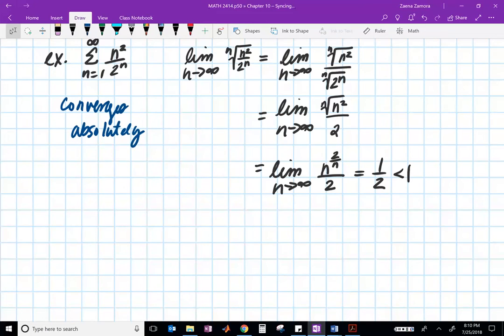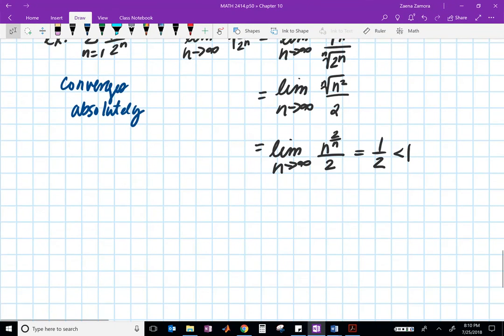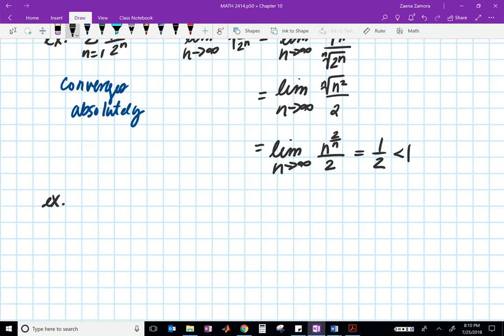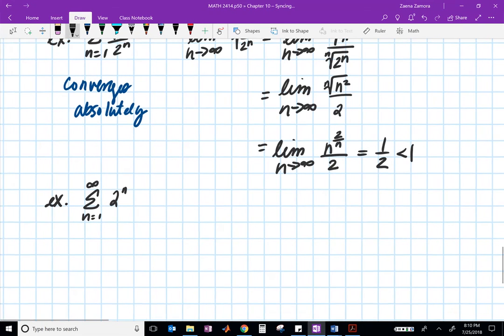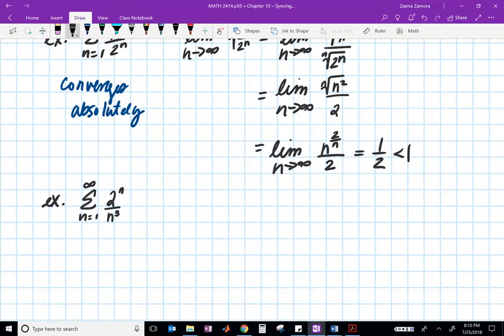All right. Let's try another one. All right, 2 to the n divided by n cubed.